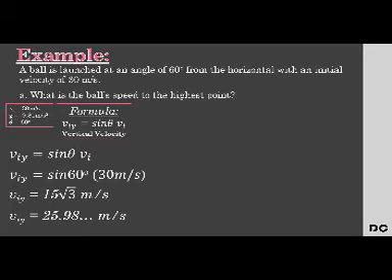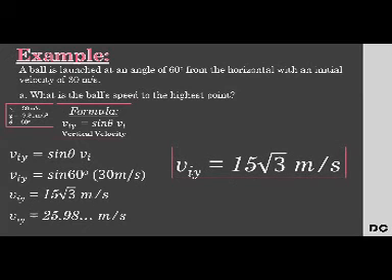So to be able to use the exact value of our VIY, we will use 15 square root of 3 meters per second. So that is the value of our VIY.